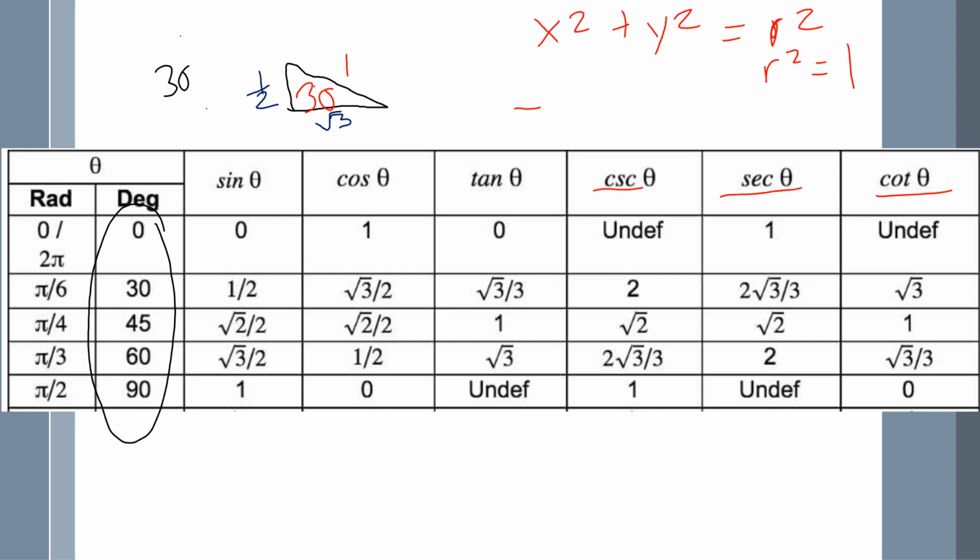The long leg is what? Short times the square root of 3. So it's going to be 1/2 times the square root of 3, which is square root of 3 over 2.